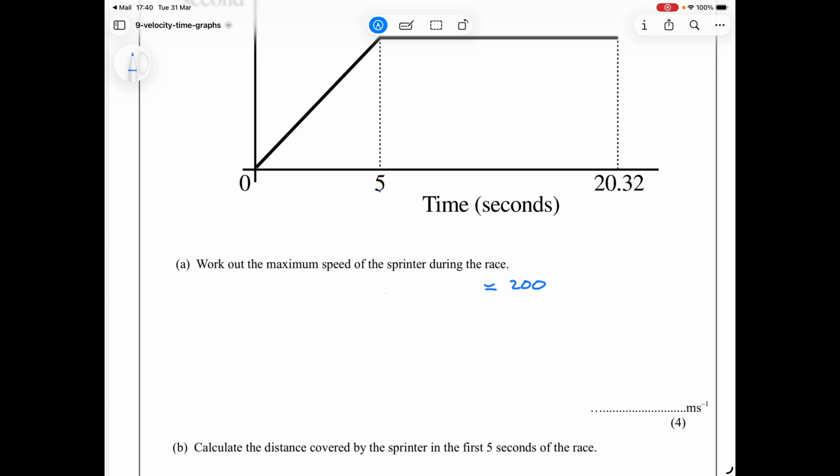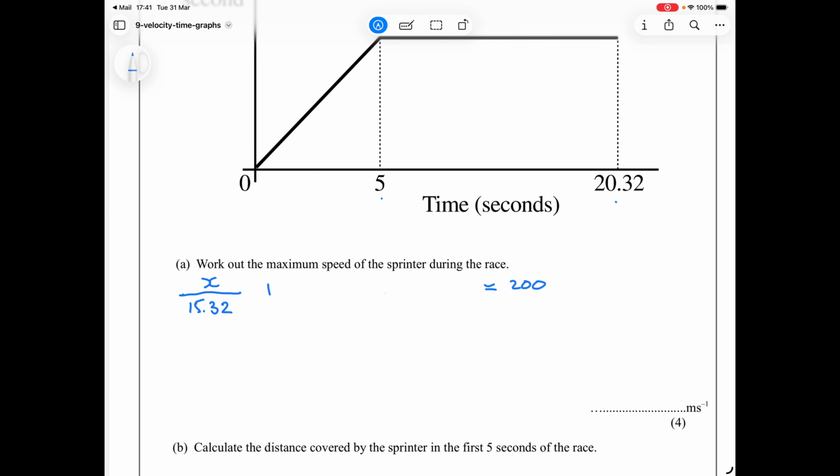We know that between 5 and 20.32, so that's 15.32, that's time, he did x.